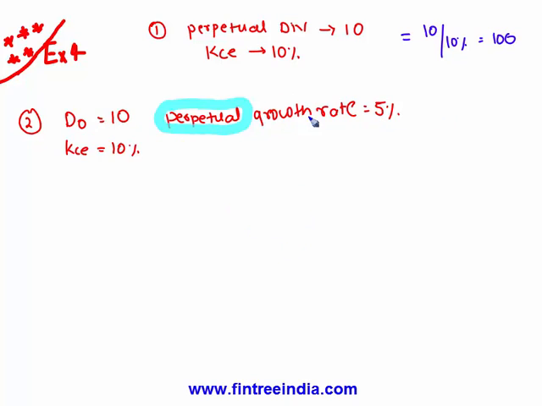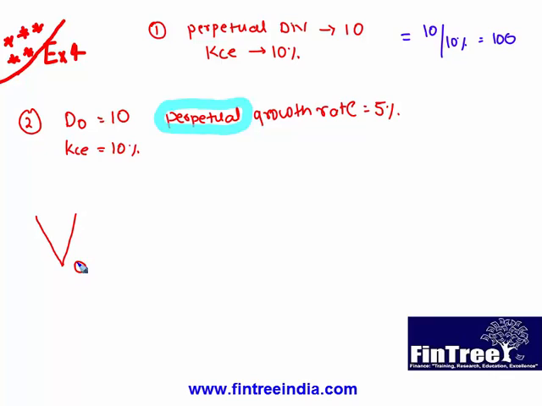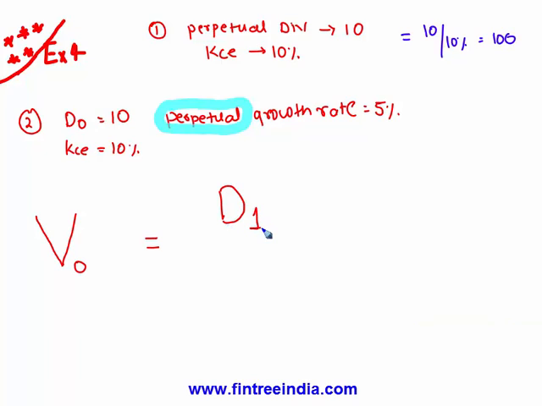So how do you value the stock in these cases? Observe the formula carefully. Value of stock at time 0 is equal to dividend of time 1 divided by cost of common equity minus G, and this G is always the perpetual rate. It is never the growth rate for 1 year or 2 years.